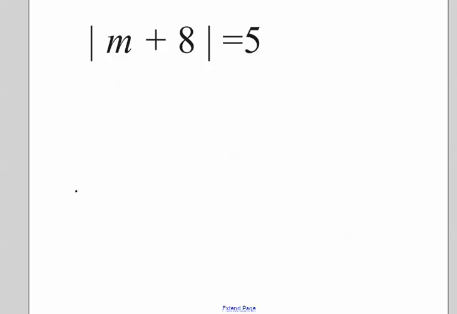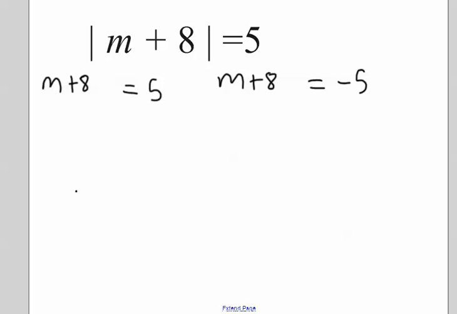Now, when you think about this, this is the distance from zero. So you're going to say that something's distance from zero is 5. So I have two equations, I can have two options: positive 5 and negative 5. Then I'm just going to say m plus 8 equals 5 and m plus 8 equals negative 5.